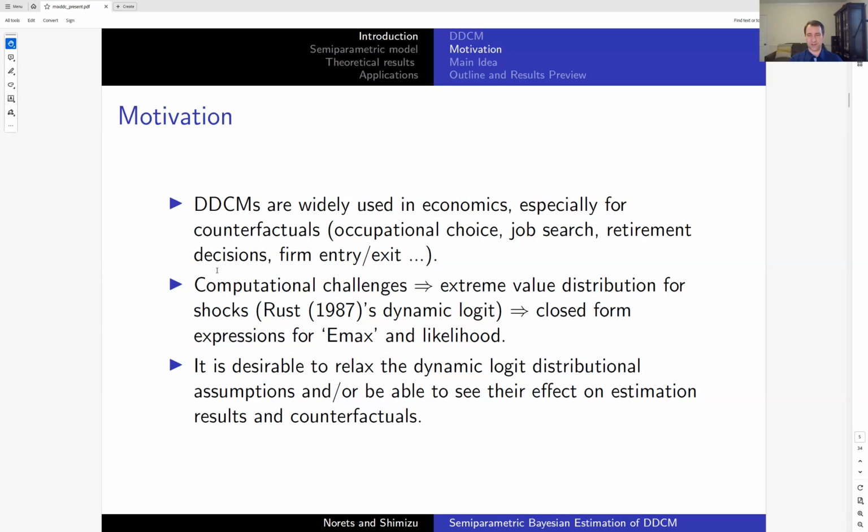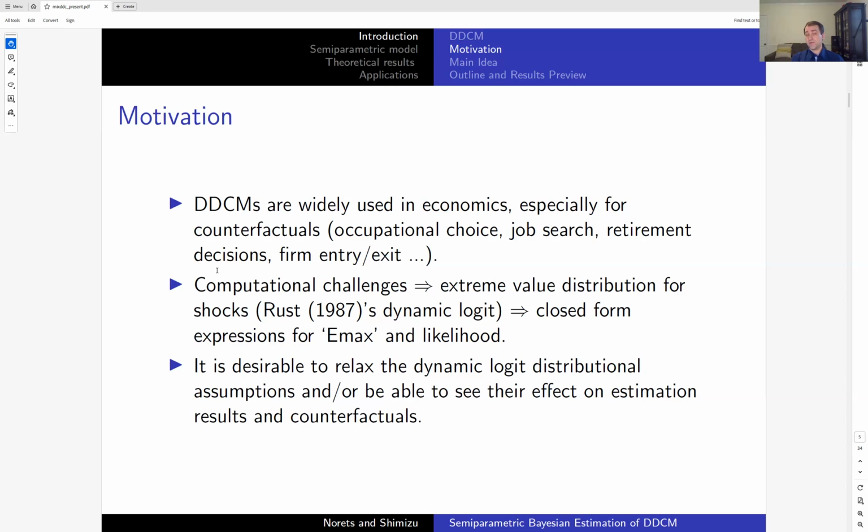I'll show you some equations later on, but roughly you get an idea. And same thing goes for the Emax function in the Bellman equation. If we assume extreme value IID, then we can obtain analytical expressions for these Emax integrals over epsilons. And so that's fine. Of course, people use exactly that in most applications of this type of models.